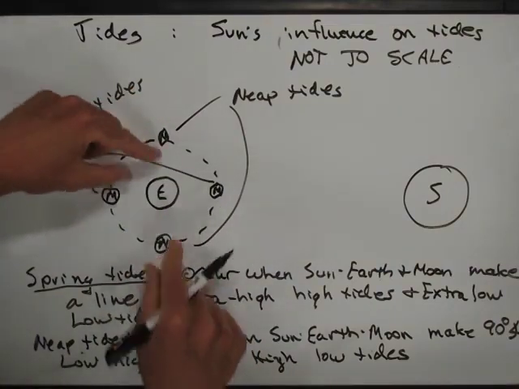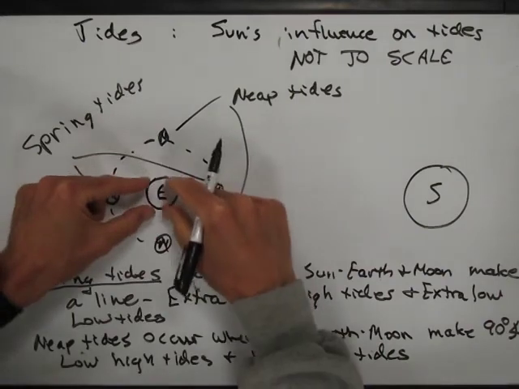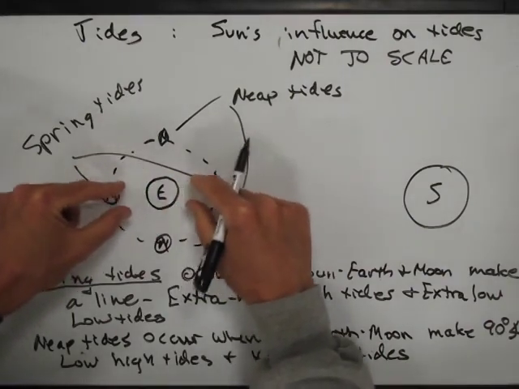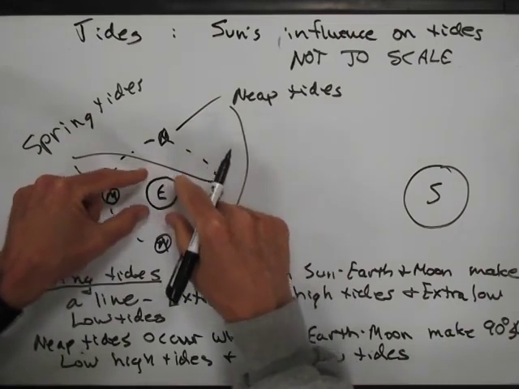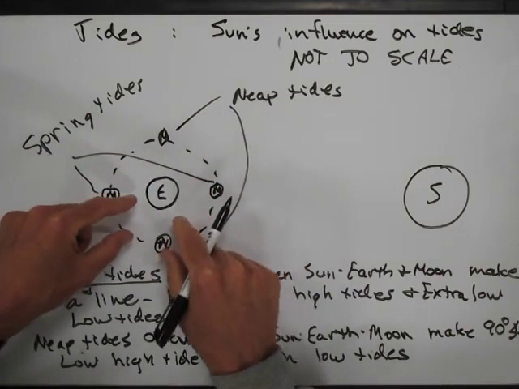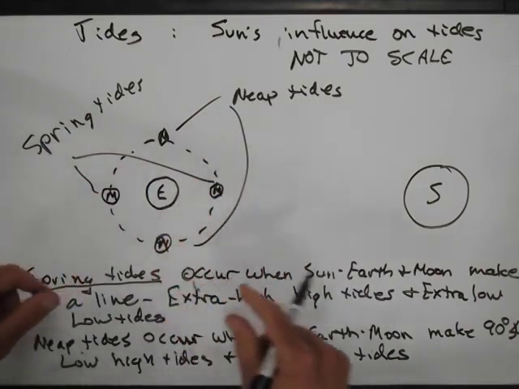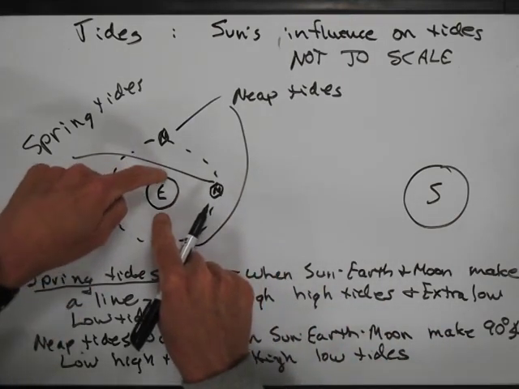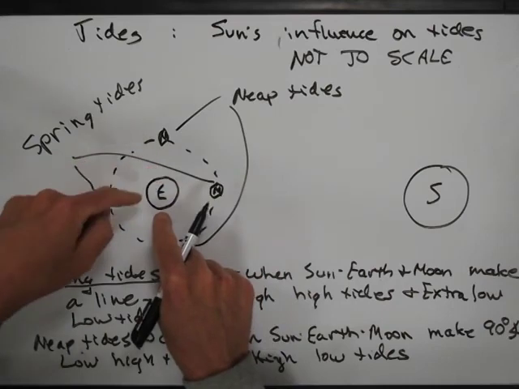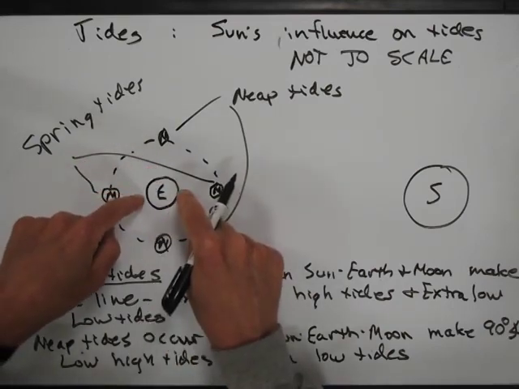It's from these two positions. So the moon's stretching the Earth this way, and the sun's stretching a little bit less this way. And so the sun is just kind of reducing the effect the moon has. If you're in the high tide position, you get a lower high tide. If you're in the low tide position, you get a higher low tide.